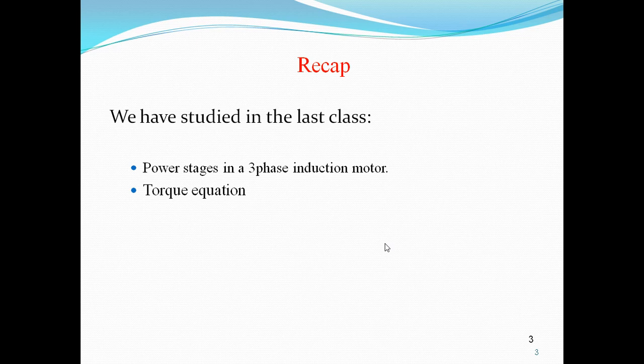In these slots, insulated conductors are placed in the stator slots and are suitably connected to a three-phase star or delta connected circuit, and the six terminals are brought out and connected to a terminal box, where we give the connection.